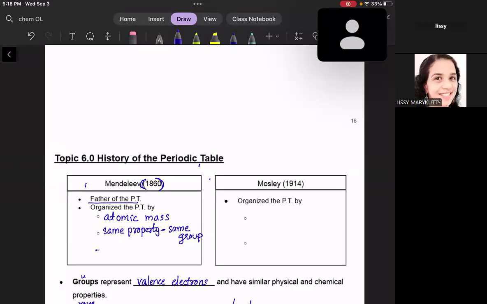And he also did a big thing. At his time, which was 1860, there were fewer than 60 elements discovered. So he found that when he arranged them in increasing order, some of the elements were missing. So he left blank spaces for undiscovered elements.